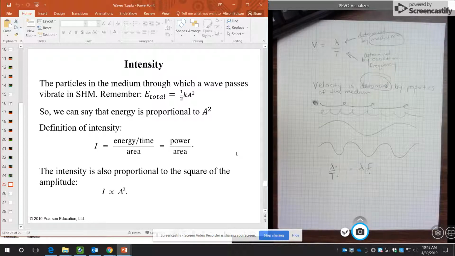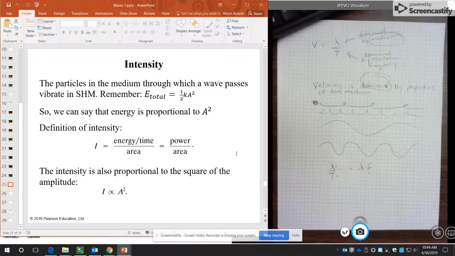And in simple harmonic motion, at least in terms of a mass on a spring, which we can model wave motion on a string as, the total energy is equal to half times k times amplitude squared, where k is the spring constant of the spring attached to the mass. So we can say here then that energy is proportional to amplitude squared. So the energy held in the traveling wave is proportional to the amplitude of the wave squared.